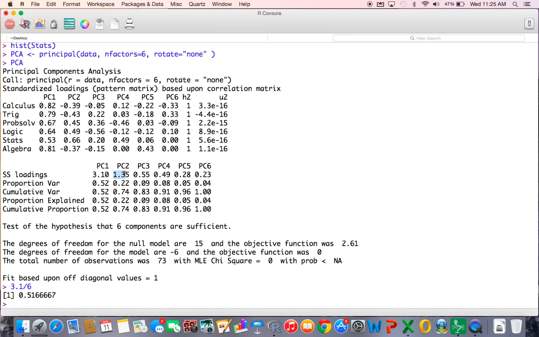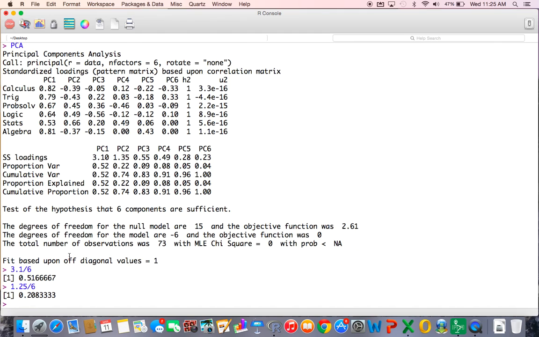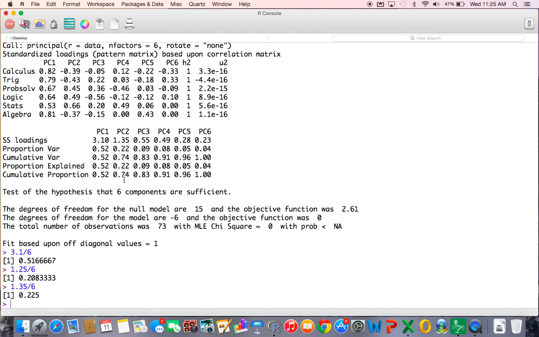Component number 2 is 1.35. So 1.35 divided by 6 tells us that about 22% of the variance is explained by component 2. 9% is explained by component 3, 8% component 4, and so on and so forth.